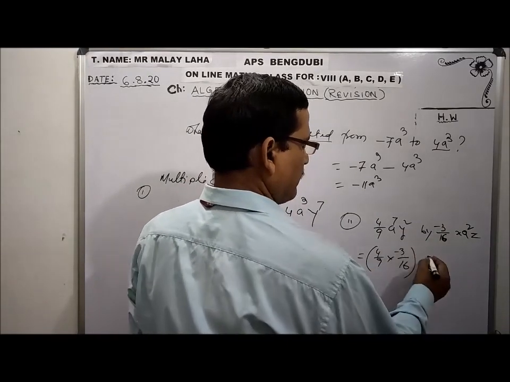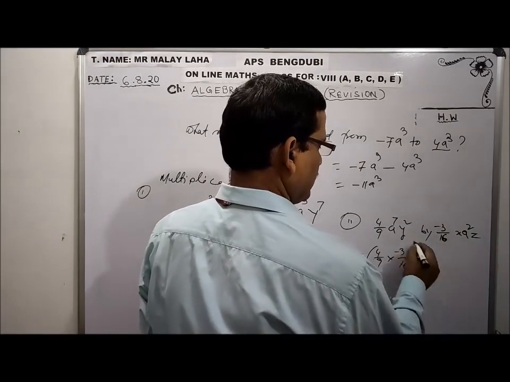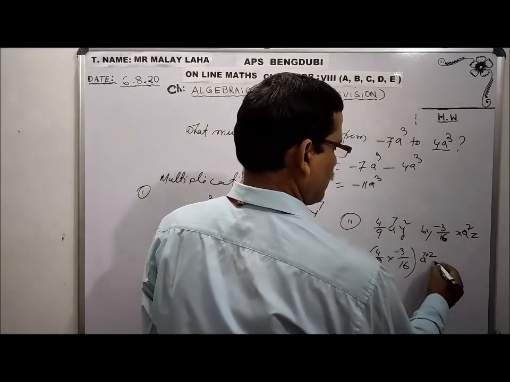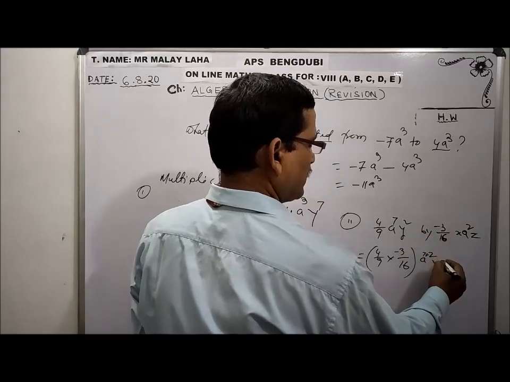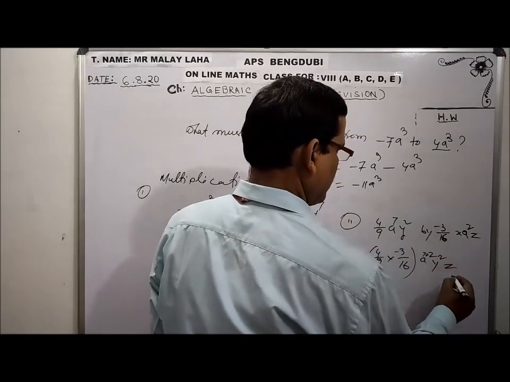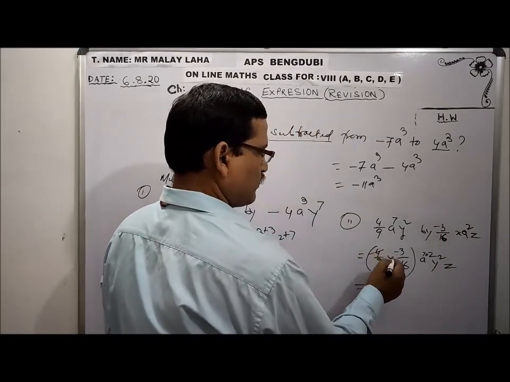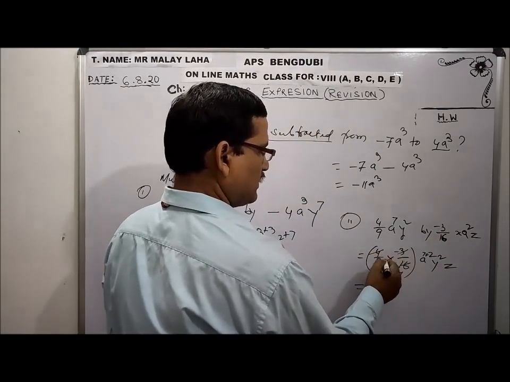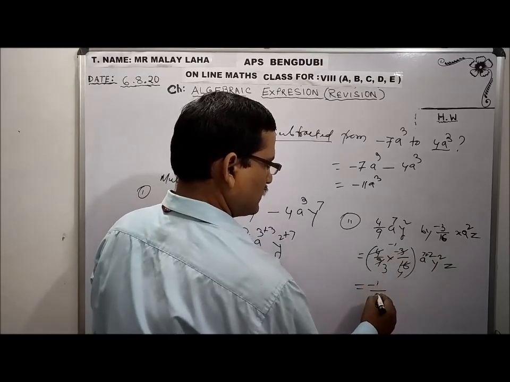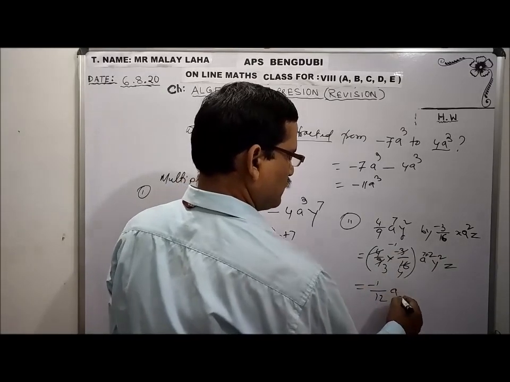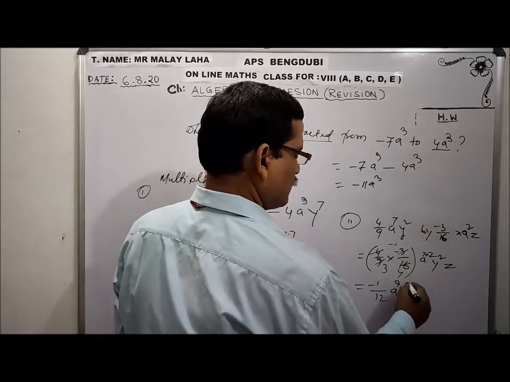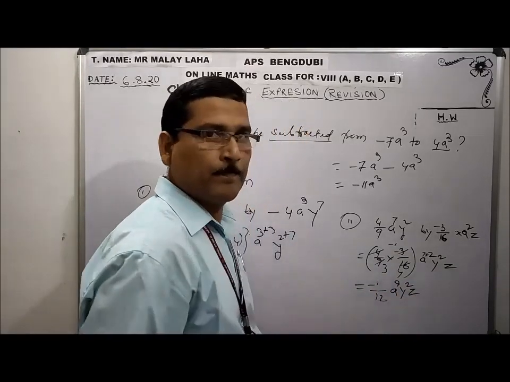How many a's are there? a^7, a^2, so 7 plus 2. And y is there only once, and z is there only once. So after multiplication, 4 4s are 16 and 3 3s are 9, minus 1, so minus 1 by 3 4s are 12. a raised to 9, y raised to 2 and z.